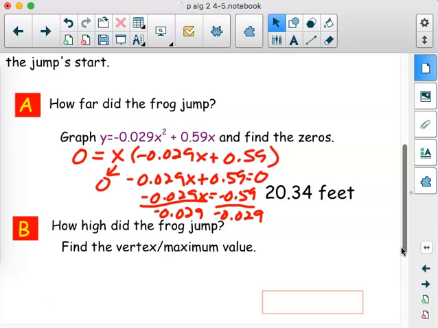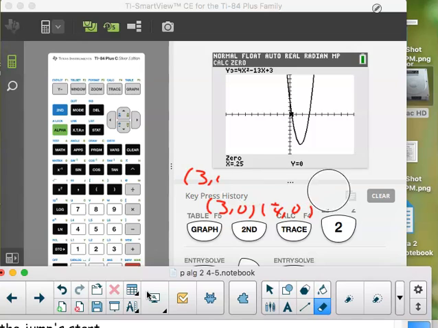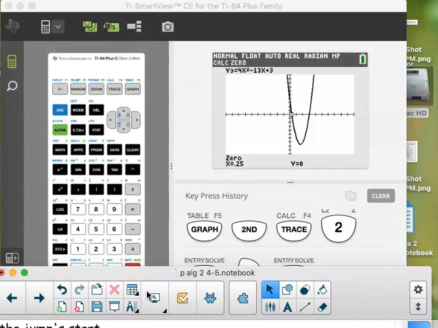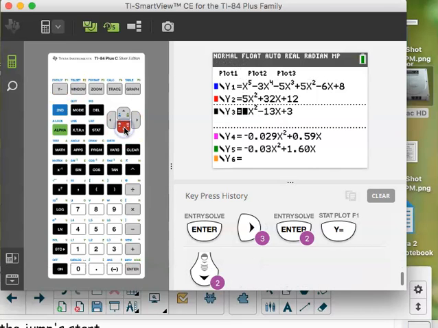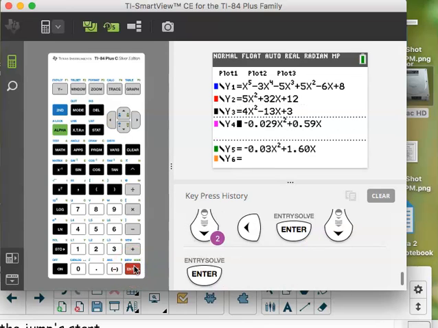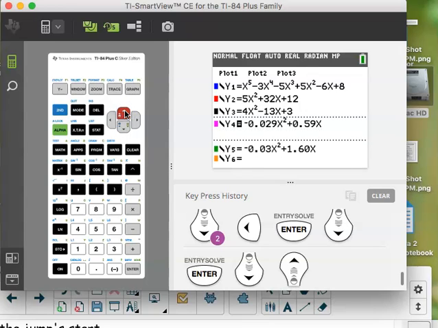But let's do it so we can take a peek and see what all this frog jumping is about, as I'm hoping not to get splatted in the face by a frog. All right, y equals, so this is the one I need everybody to punch in, negative 0.029x squared plus 0.59x.